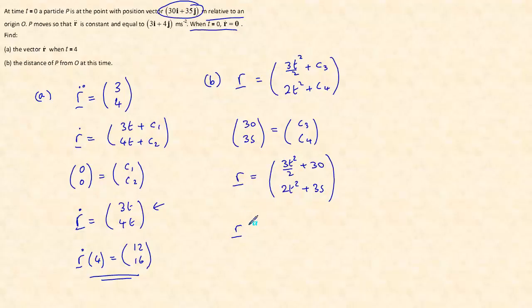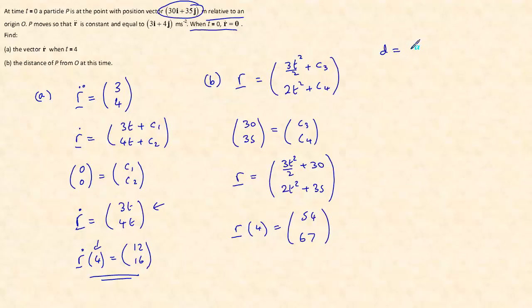So r of 4, because it was at this time they said, is going to be, so 4 squared is 16, divided by 2 is 8, so that's 24, add 30 is 54. And then this is 16 times 2, 32, add 35 is 67.